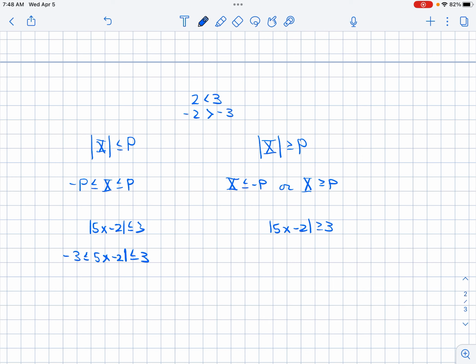That would be 5x minus 2 less than or equal to negative 3, or 5x minus 2 greater than or equal to 3. And there you have it. And then you just solve these. So on the one hand, you have this compound inequality, and on the other hand, you have two inequalities.